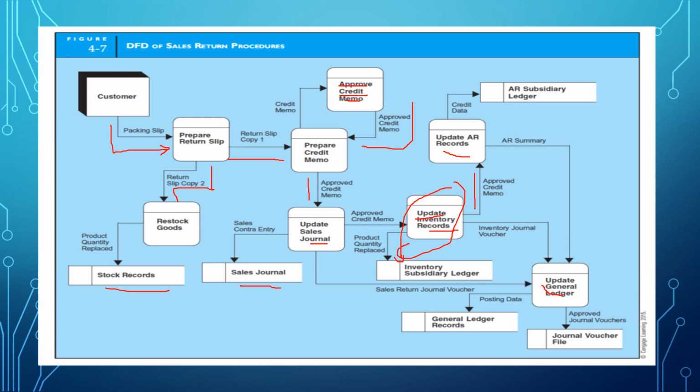In updating the general ledger, the master file for all accounts, it will be updated for the account receivable and for the inventory. Okay, and then from the general ledger it will update the two main files, general voucher and the general ledger record. As simple as that.